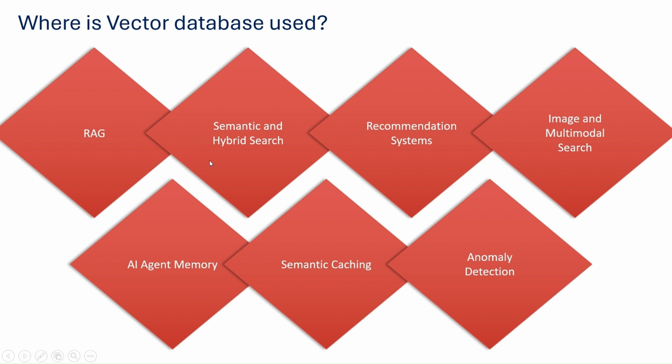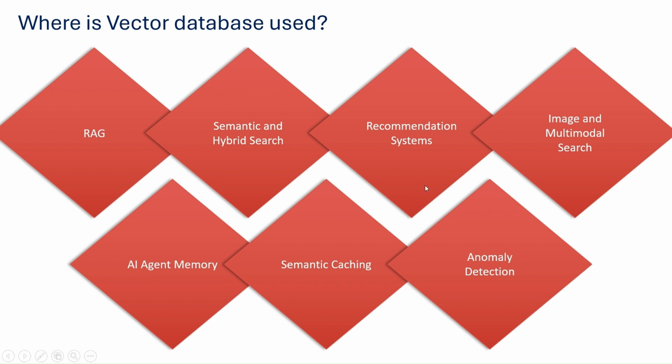And the next it helps in semantic and hybrid search. So traditional keyword search fails when users misspell words or use synonyms or describe intent. Say for example, if dog is misspelled as DUG, then it is misspelled information. So in that case, semantic and hybrid search where you can use vector databases.